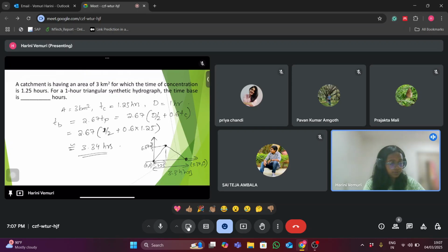And this point's coordinates will be 1.25, comma 6.67, right? So using the coordinates of these 2 points, O and A, we can estimate the slope of OA, and similarly using the coordinates of A and B, we can estimate the slope of the AB line. So using that, we can calculate the discharge values of the unit hydrograph at the intermediate points as well.